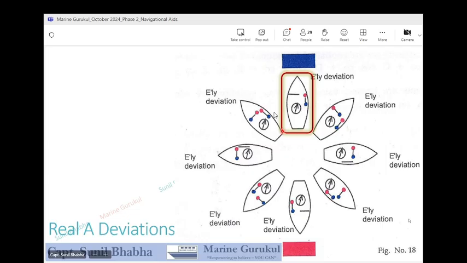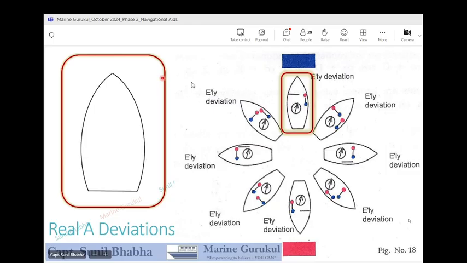So I'm going to zoom into this diagram with the ship heading north. We have a fore and aft longitudinal and an athwart ship beam. There is no induction on the beam right now because it is at right angles to the Earth's field, and there is maximum induction in the fore and aft longitudinal. So let's now zoom into this.